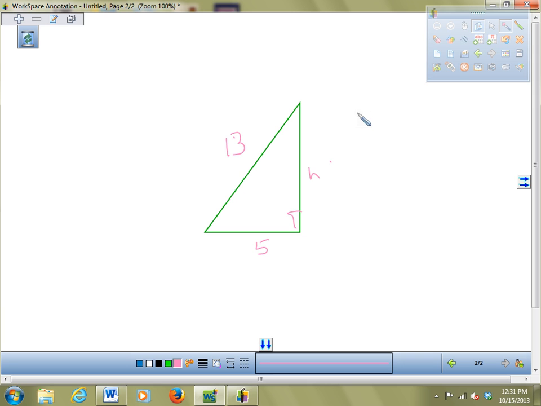And they say find the value of all six trig functions. We'll call this angle theta over here. What's the sine of theta?